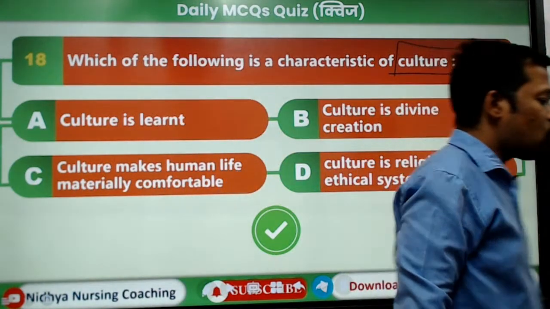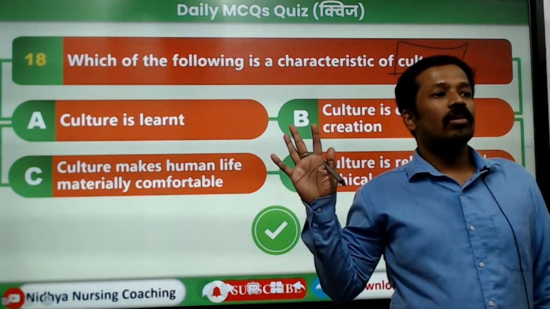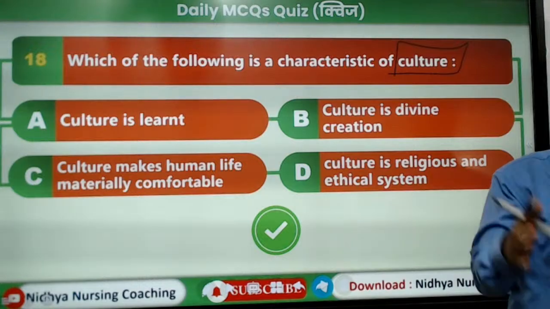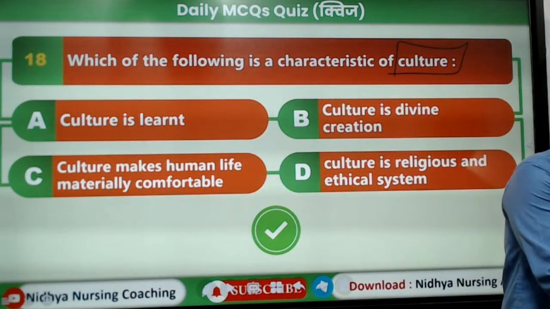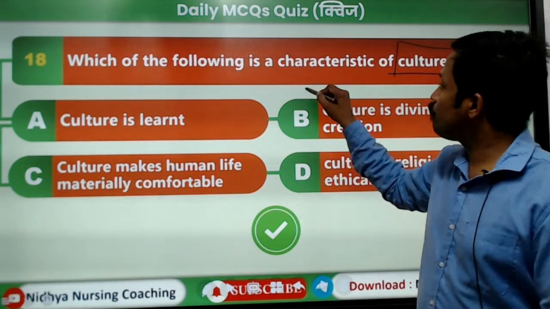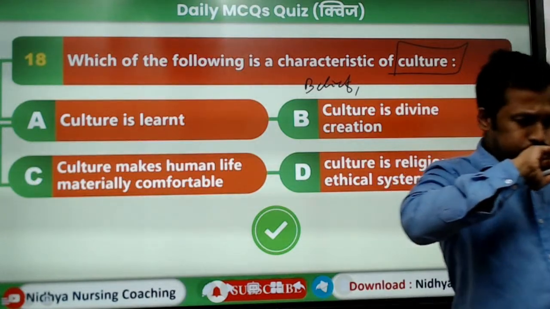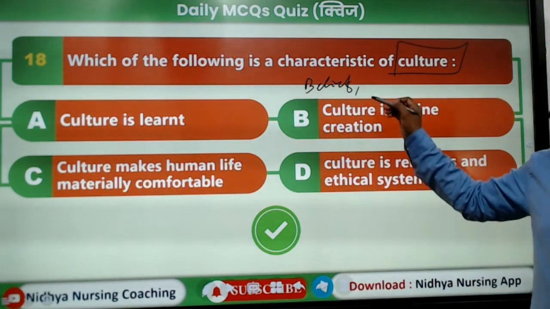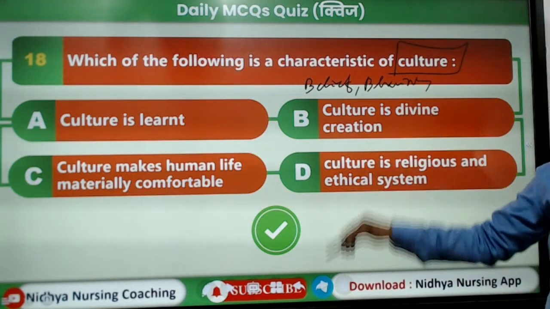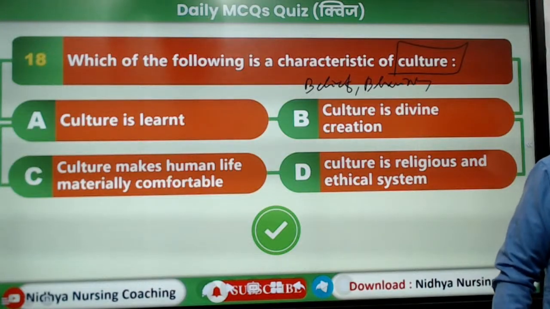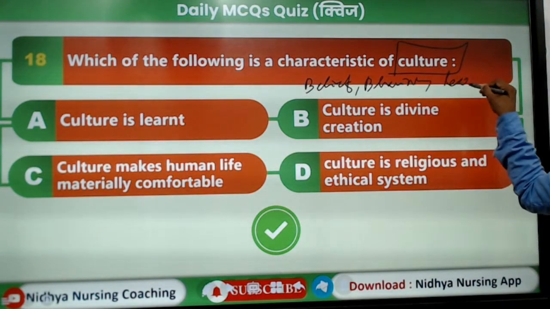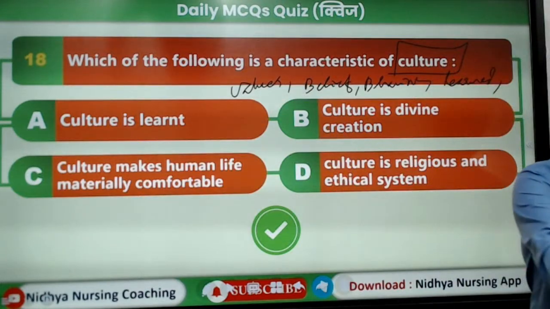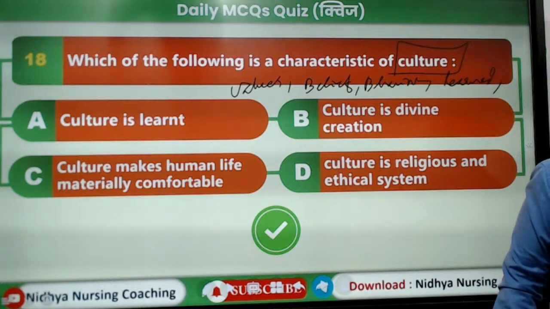Just write: belief, behavior, learned, values, material objects, and shared.